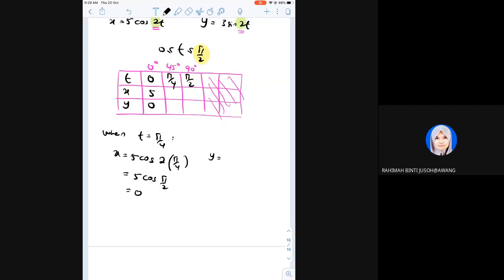And then y equals 3 sine 2 times pi over 4, so we have 3 sine pi over 2. Sine pi over 2 is 1, so we get 3. So the coordinate here is 0, 3. And then kalau you continue guna calculator, you akan dapat here should be pi over 2, so negative 5, 0.